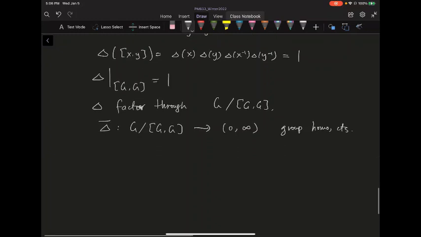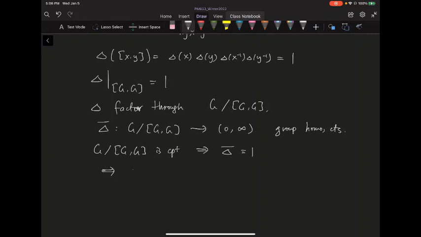So this is just some continuous group homomorphism from this quotient group, which by assumption is compact. So this restricted map, delta bar, is always equal to 1. That tells you delta itself has to be equal to 1, so G is unimodular. All right, so let's finish the proof of this proposition.